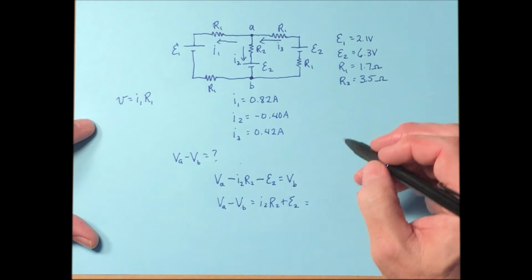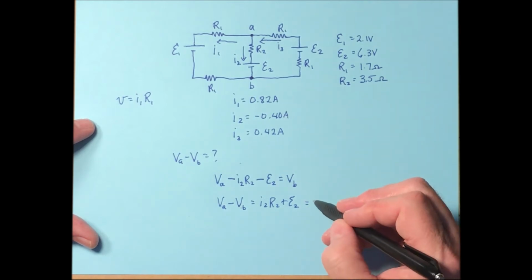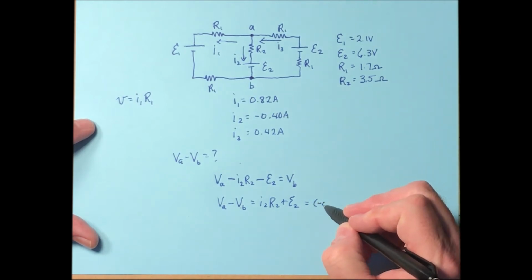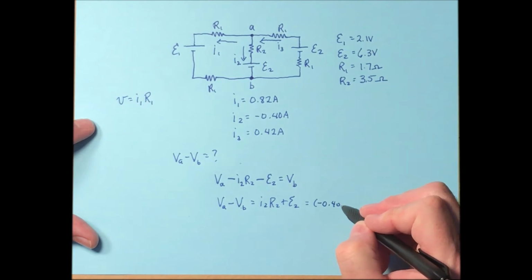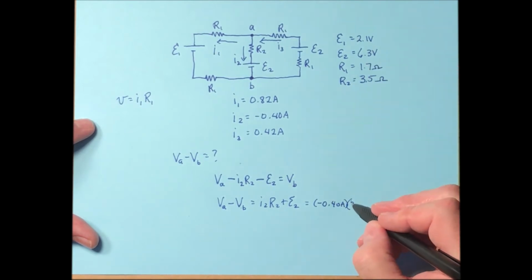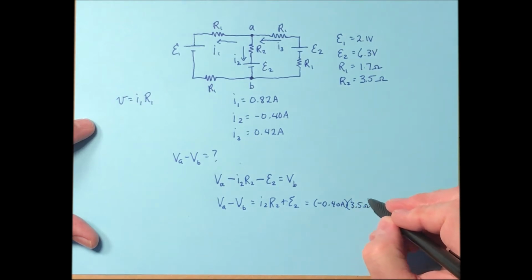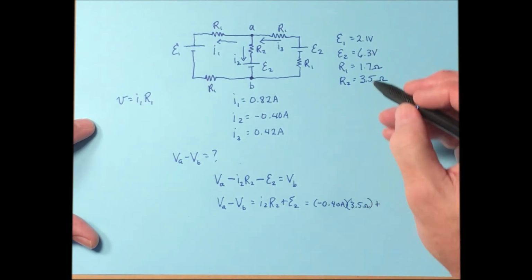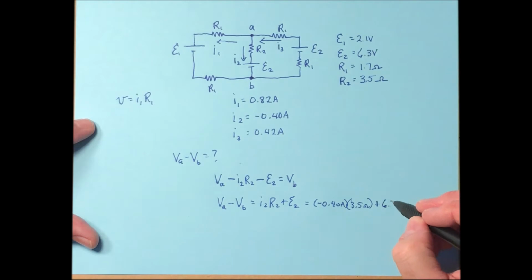Let's see, I2 is negative 0.40 amps times R2, which is 3.5 ohms, plus E2, which is 6.3 volts. You add all of that up and you get 4.9 volts. So there's the potential between A and B.